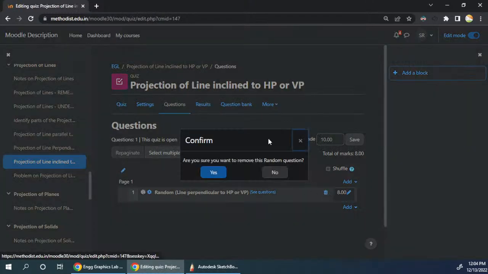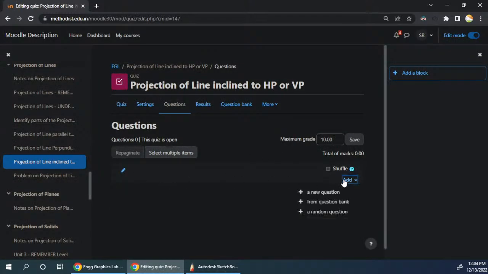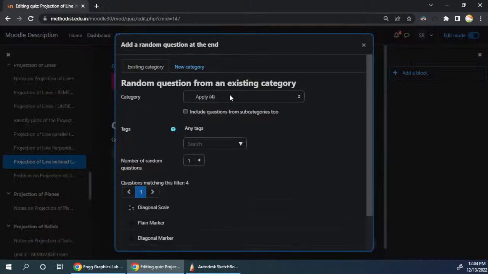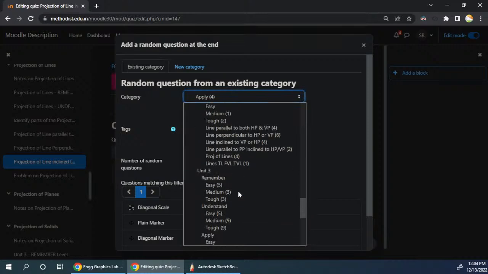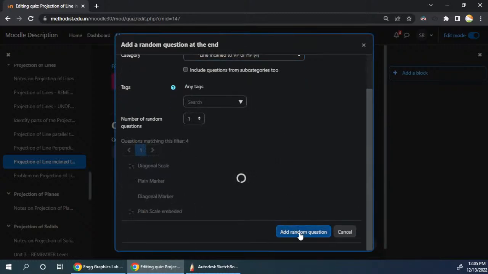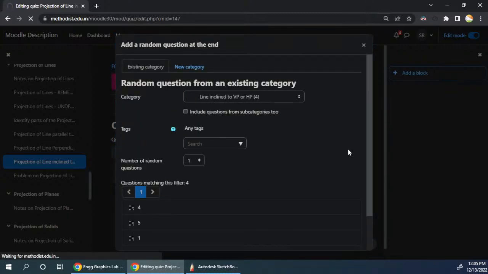Here we need to check the questions. At random, inclined to one of the planes, HP or VP. Add one random question out of this.